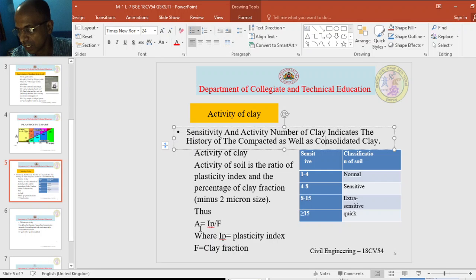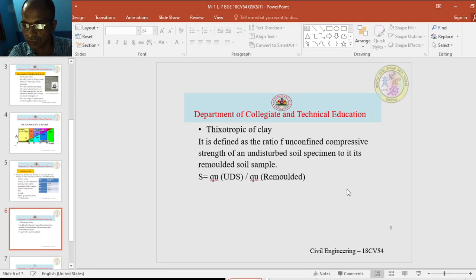So activity A is represented by IP by F, where IP is the plasticity index and F is the clay fraction. Suppose your sensitivity is 1 to 4, then the soil is classified as normal soil. 4 to 8 is sensitive soil. 8 to 15 is extra sensitive. Greater than 15 is quick soil. If it is above 4, you should be careful; you have to do some chemical stabilization, and only then use it as ground for construction of any structure.